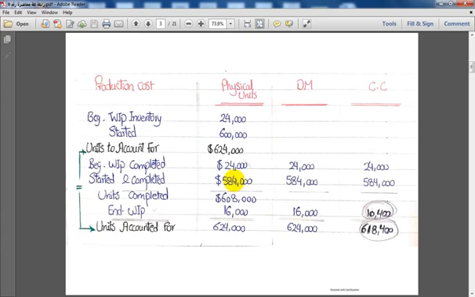So we can say any cost element added before the ending work in process, or beginning work in process, or finished goods inventory, we have to account for it at 100%. يعني نقدر نقول إن احنا استفدنا بيه بنسبة 100%.